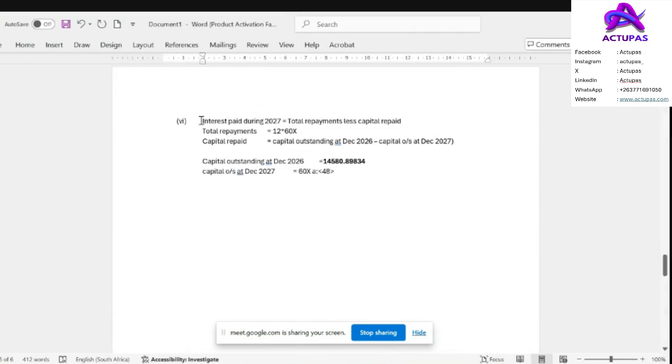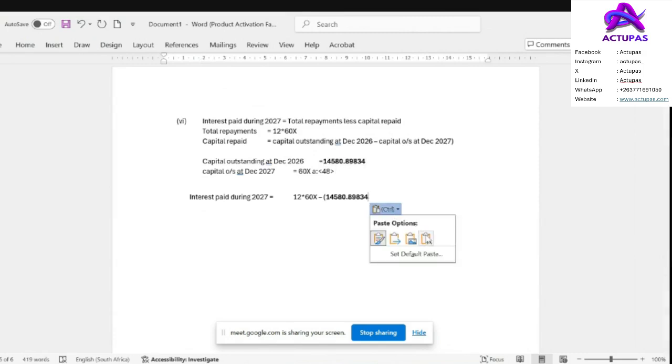So our equation, interest paid during 2027, will then be equal to 12 by 60x minus the capital repaid, which is minus 14,580 minus 60x a 48.